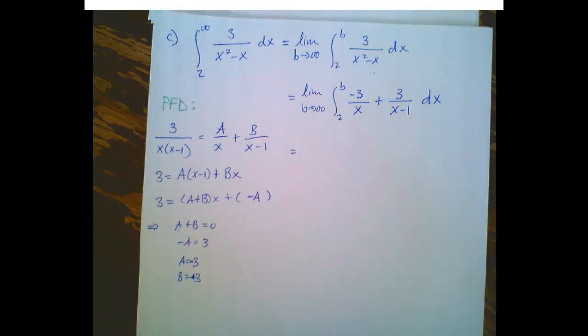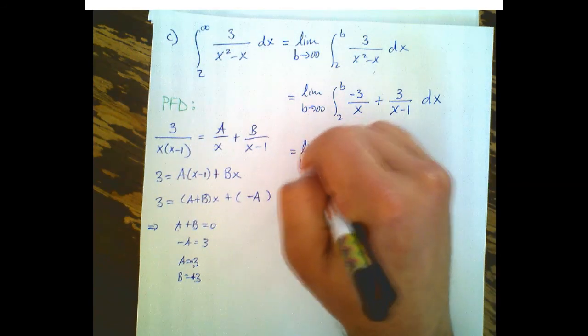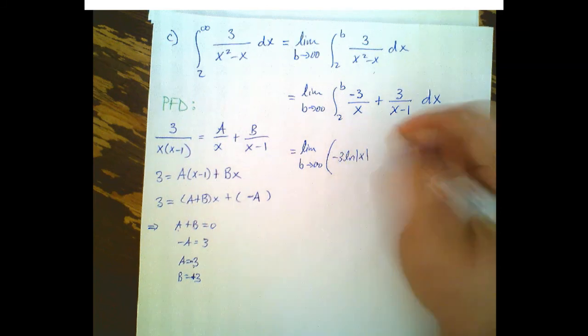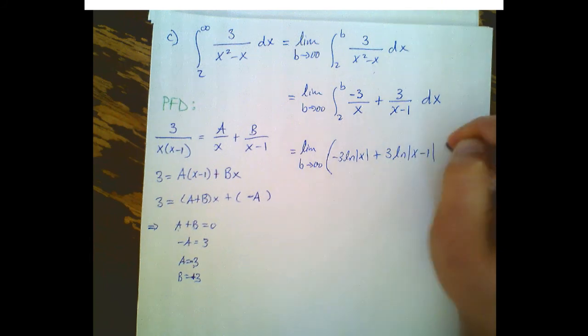This is equal to, so we know that these are natural log derivatives, the limit as b goes to infinity of negative 3 natural log of absolute x plus 3 natural log of absolute x minus 1, from 2 to b.